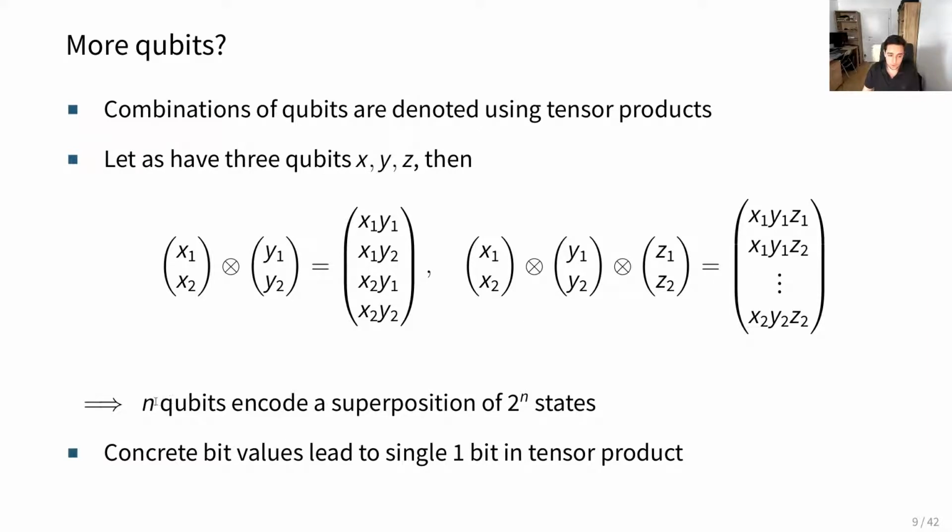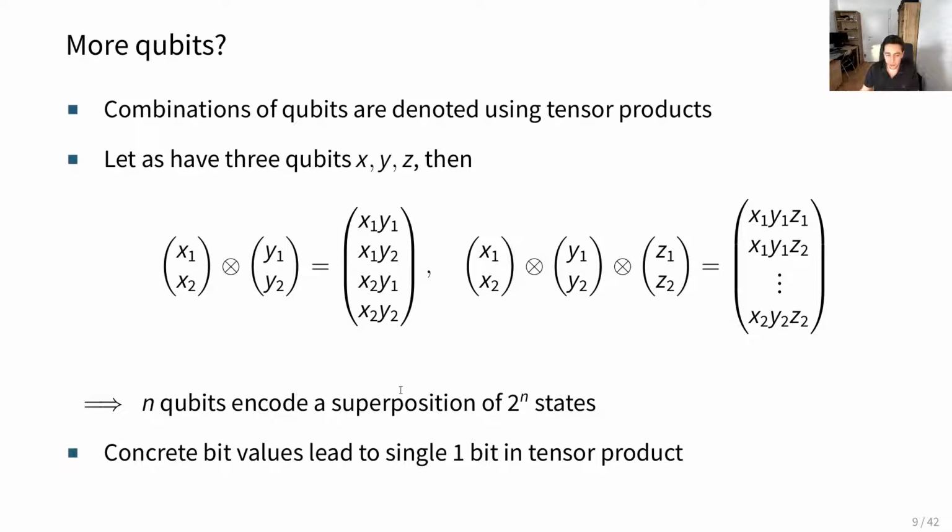Because if you use n qubits, then this vector will contain 2 to the power of n states. But actually a superposition of 2 to the power of n states. So actually, we have a vector which basically is assuming each of the 2 to the power of n states simultaneously.